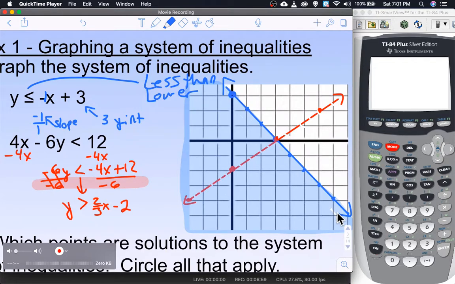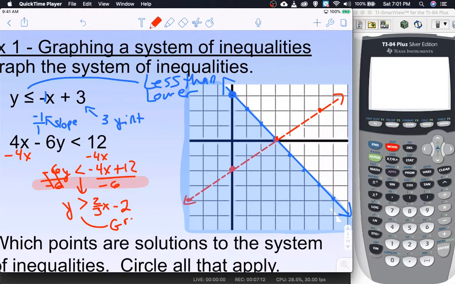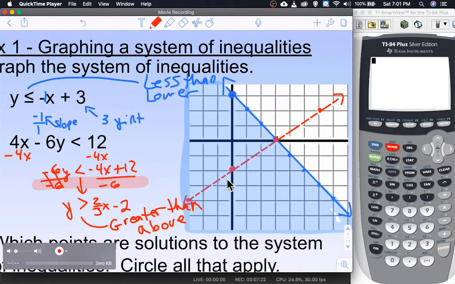Okay. Now, when we change to the red line, I'm going to shade greater than this line. Greater than is above the red line, greater than, above it.